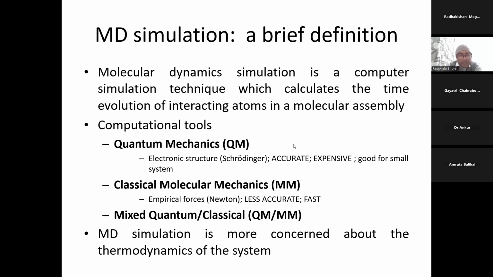So basically, when we study the transfer of functional groups between proteins and substrates, enzymes and substrates, proteins and ligands, or we study proton transfer, energy transfer, in those cases we can simply define a few amino acids with a quantum mechanical representation, and the rest of the protein can be represented using molecular mechanics. MD simulation is more concerned about the thermodynamics of the system.